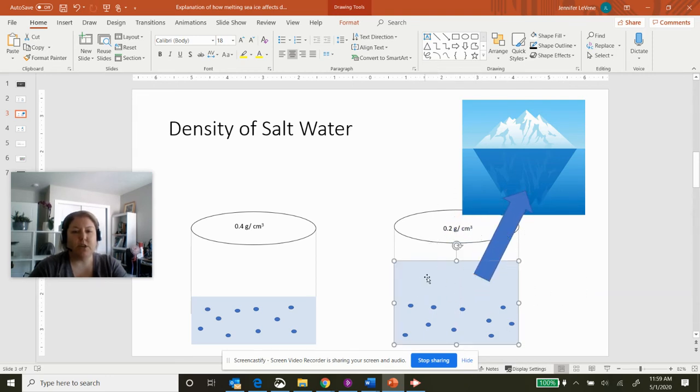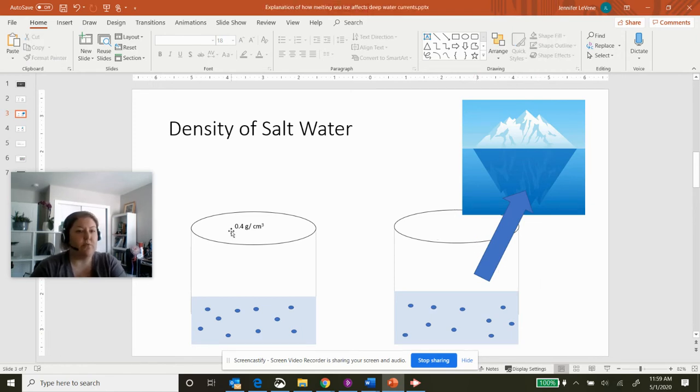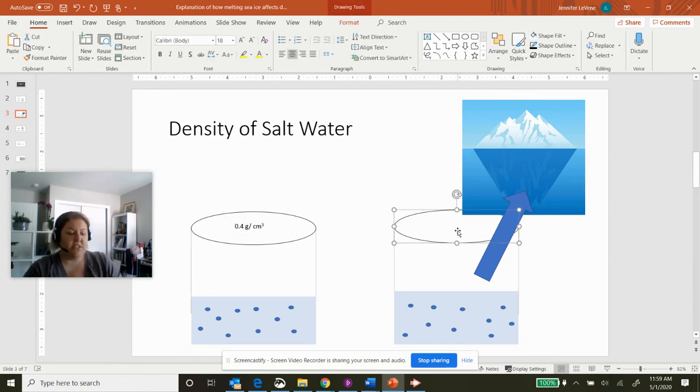As it forms the iceberg, the water level decreases because the water goes into the iceberg, which causes the density of the water to increase. So no longer will it be 0.2; it could go back to 0.4. Let's say it took all that water back. Now we've compacted the amount of salt again, so we've increased the density by removing the water to build the iceberg.